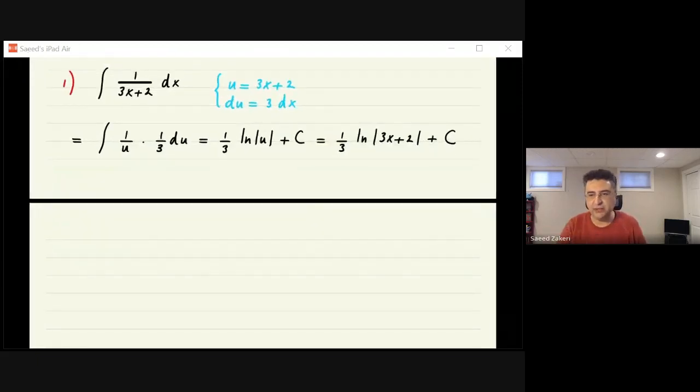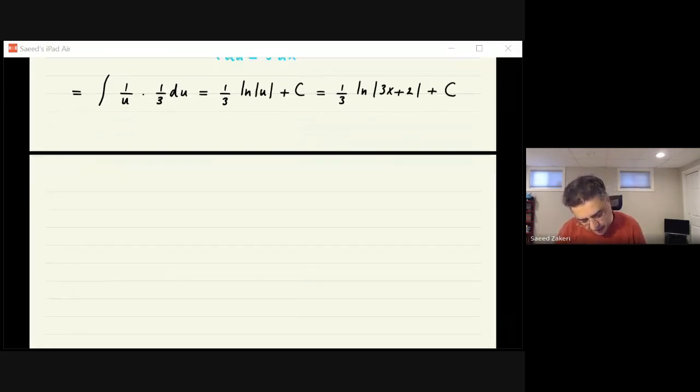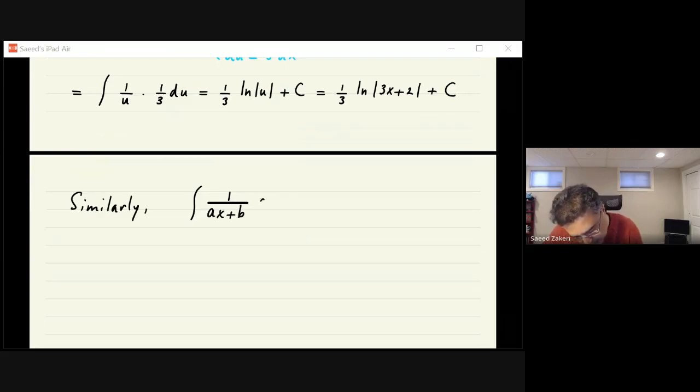If I had ax plus b for any linear term on the bottom, so similarly, if I have the integral of 1 over ax plus b, where a and b are numbers, dx, this would be 1 over a.